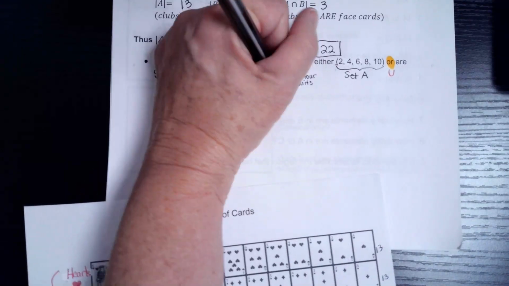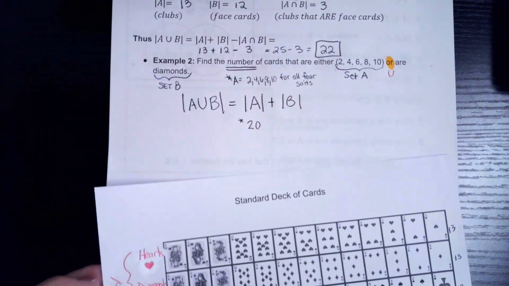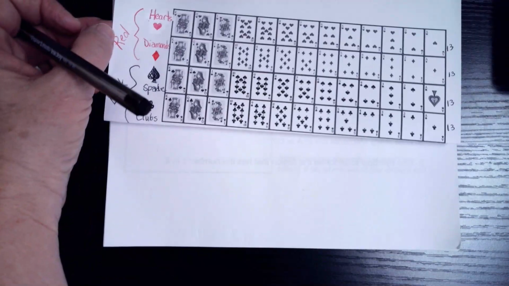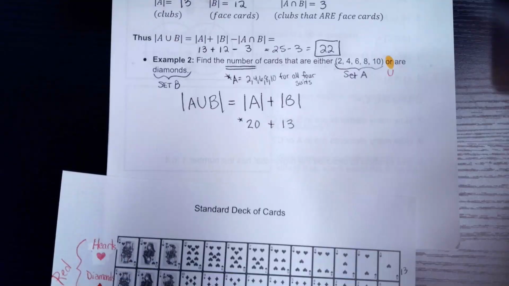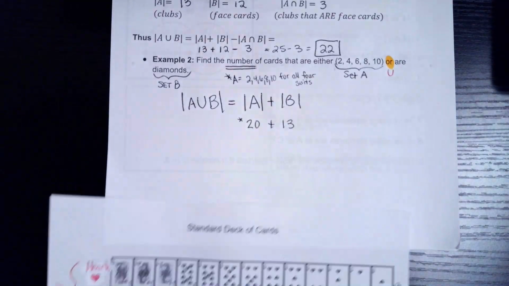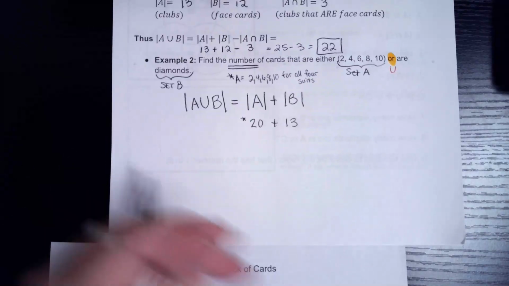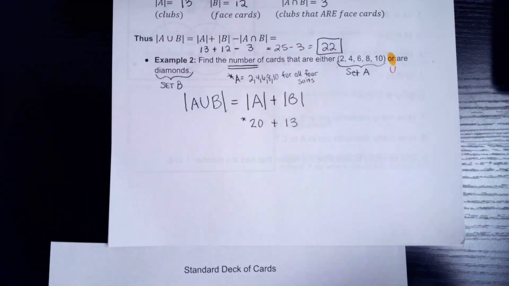Plus, we need the cardinal number of B. What is B looking for? Diamonds. How many diamonds are there? 13. But we don't stop there. Because what do we need to exclude?